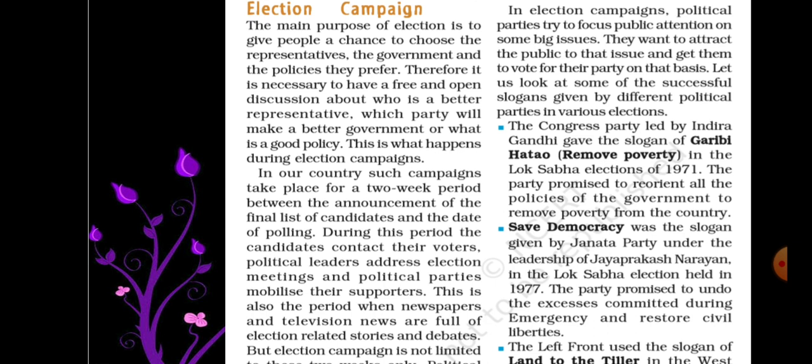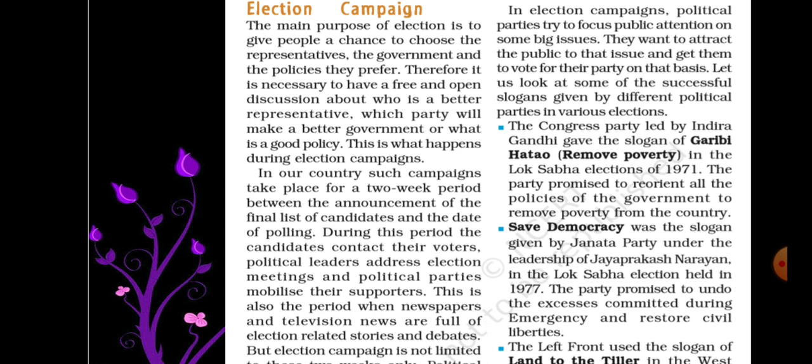In election campaigns, political parties try to focus public attention on some big issues, so that the people get an interest in those political parties.